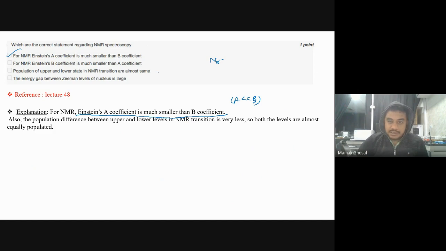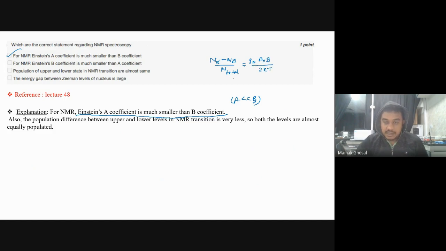And this population difference, I have also done a question on this. What is this equal to? I need the expression for this population difference. Just a minute. Yeah, g_n beta_n B by 2kT, right?